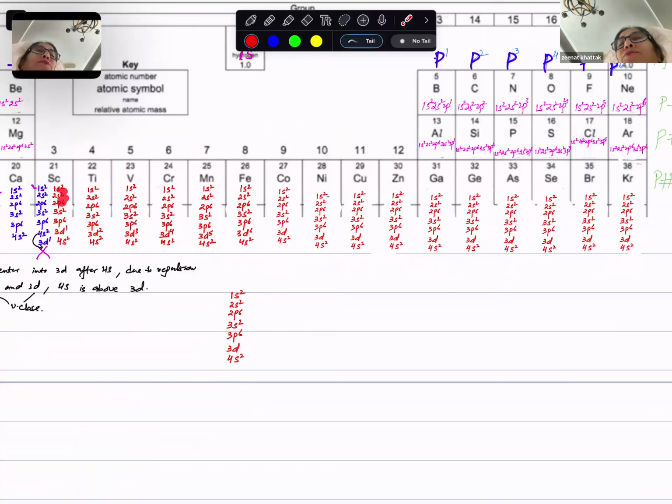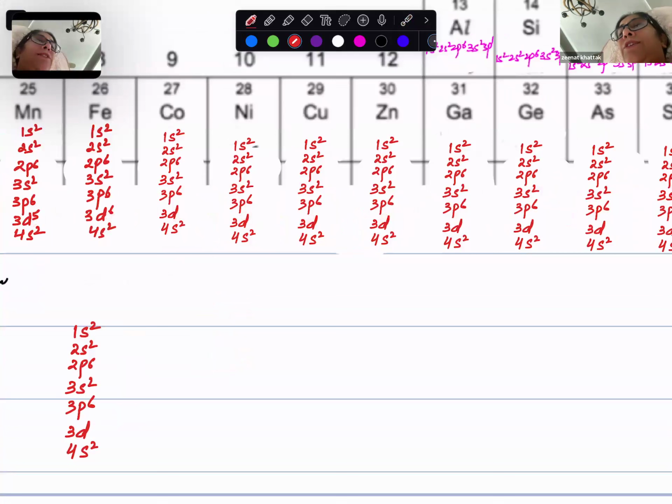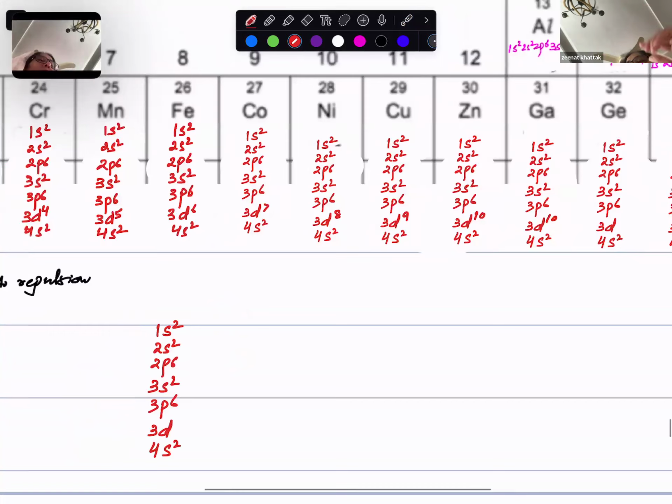It's 1s2, 2s2, 2p6, 3s2, 3p6, 3d1, 3d2, 3d3, 3d4, 3d5, 3d6, 3d7, 3d8, 3d9, 3d10, and then it's 10 and 10. Now, wait, I'm not going to gallium.